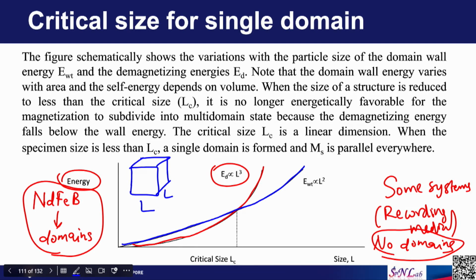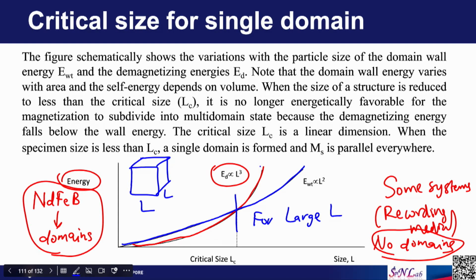So, if this L is very large, then we are in this region. For large L, you are in this region. That means the magnetostatic energy is much larger than the domain wall energy.